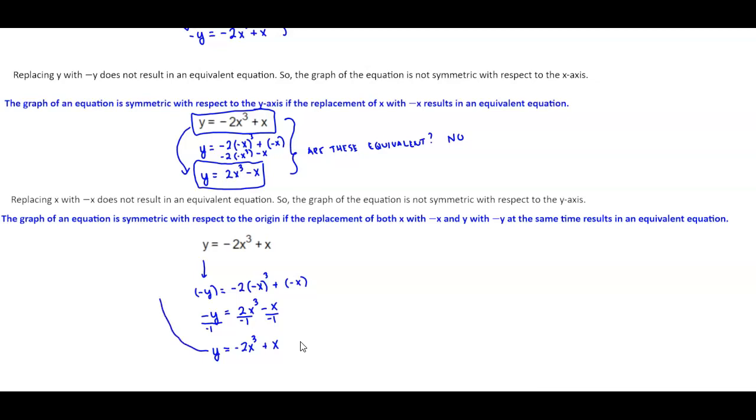So are these two equations equivalent, meaning are they equal to each other? Well, we can see that they are equal to each other. So they are equivalent. So we're going to say yes. Okay, now what do we need to state?